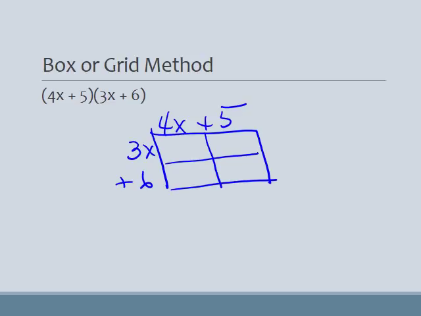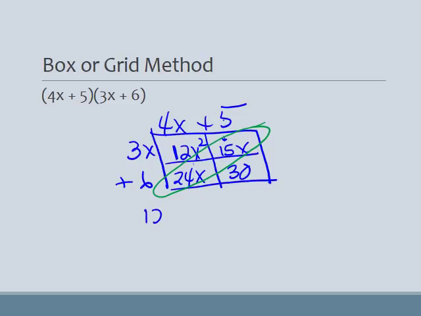So 3x times 4x goes in this first box, so it's 12x squared. 3x times 5 will go right here, so that's 15x. So we're putting our answers where the rows and columns intersect. 4x times 6 is 24x, and 5 times 6 is 30, and it goes here. The nice thing is it puts your like terms in that diagonal, so you can see them pretty quickly.